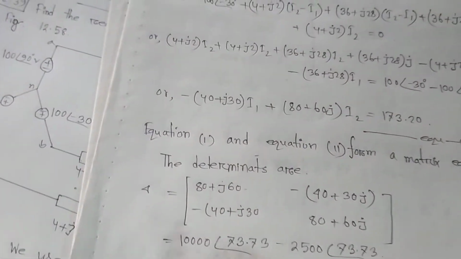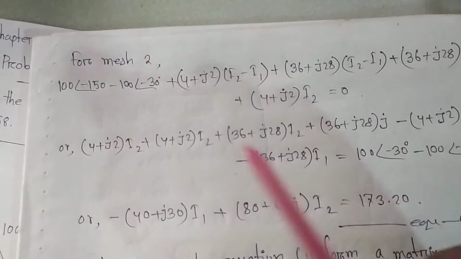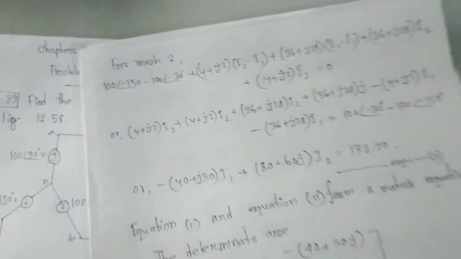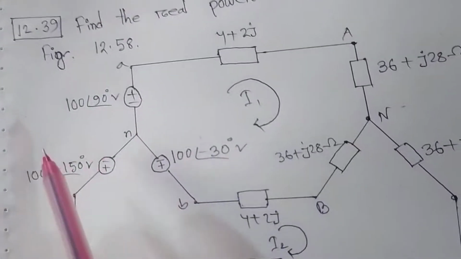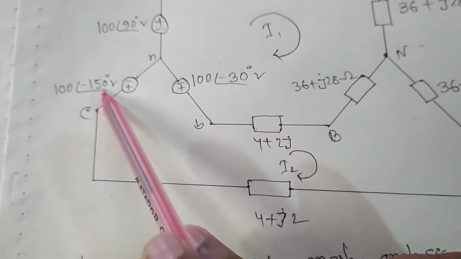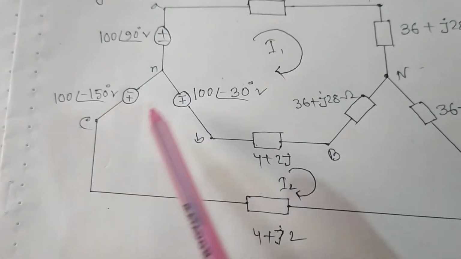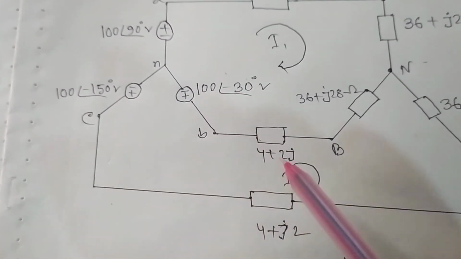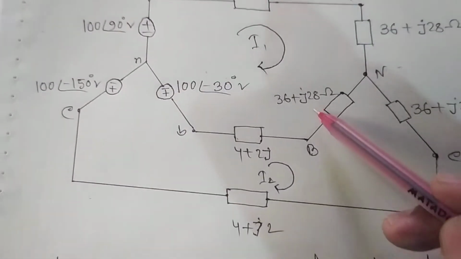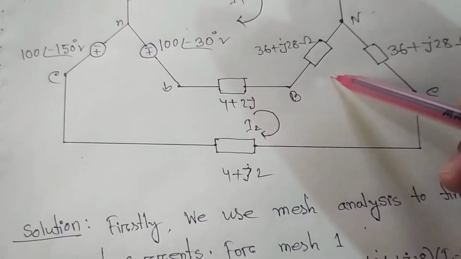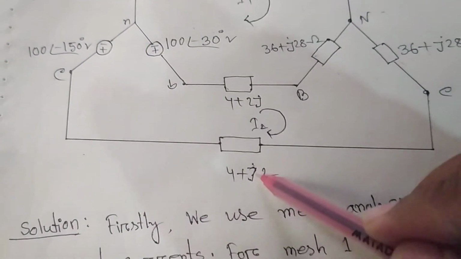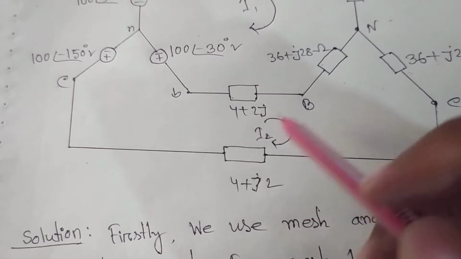For mesh 2, we see 100 angle minus 150 degree minus 100 angle minus 30 degree plus 4 plus 2j (I2 minus I1) plus 36 plus 2j (I2 minus I1) and 36 plus 2j I2 plus 4 plus j2 I2.